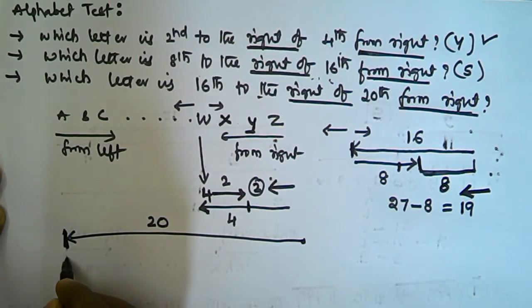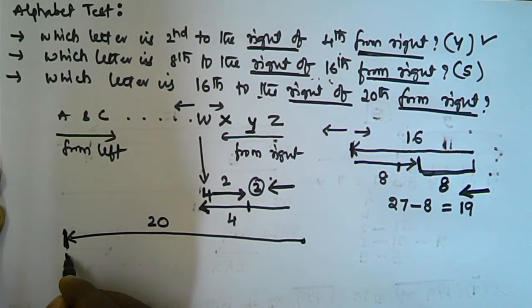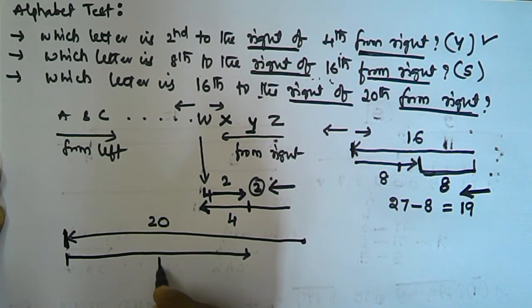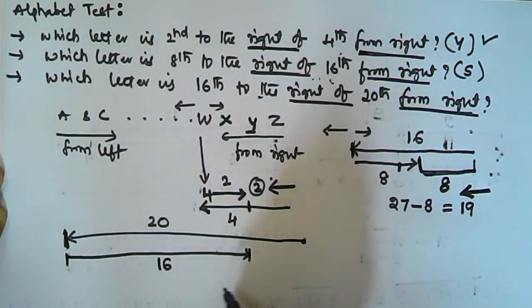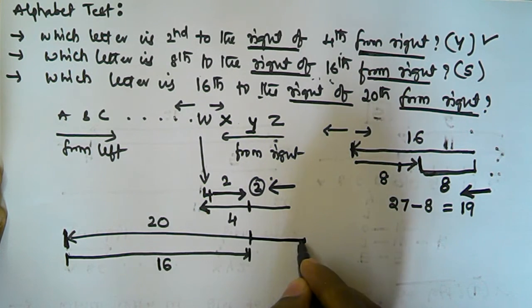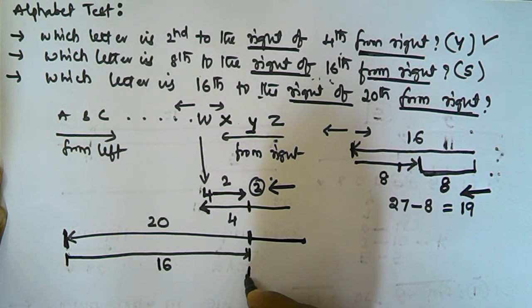This is the 20th, and the right of this one is in this direction. So we moved 16 positions here. When you subtract 20 minus 16, we are left with 4. So our answer from right is the fourth letter.